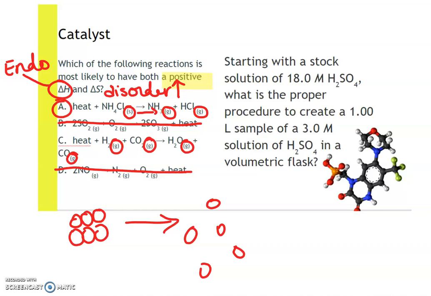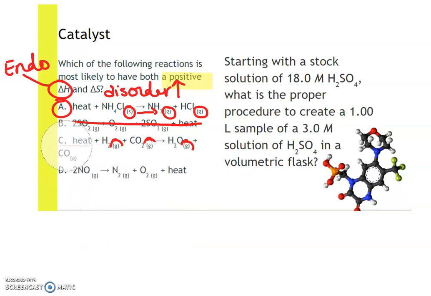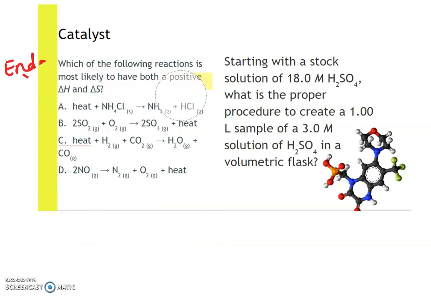All right, for the second one, we're looking to see how we make a solution. So this goes back to what we were talking about early in the first semester.